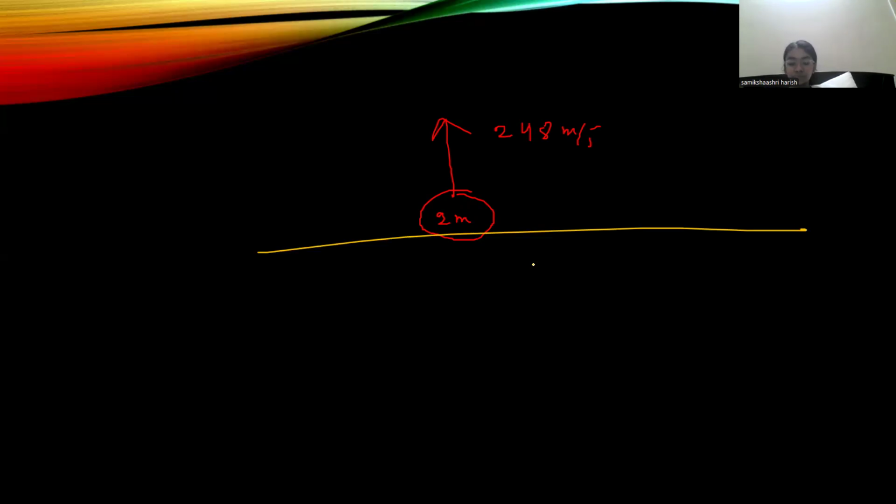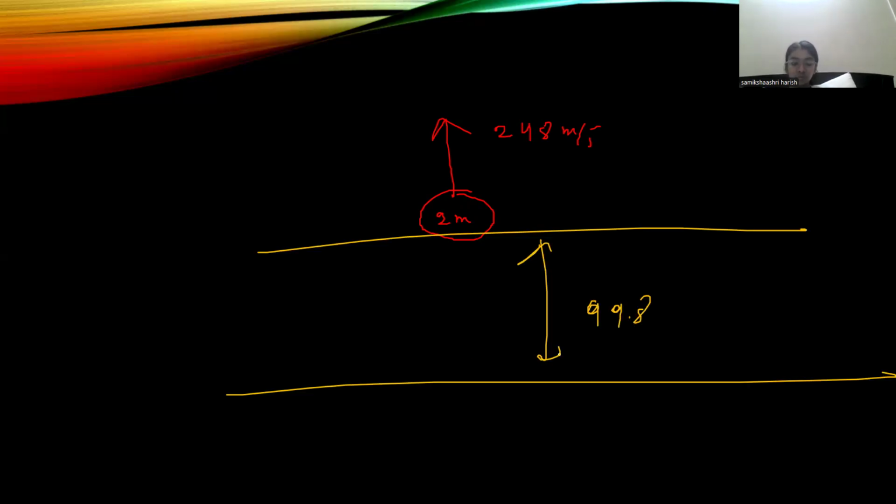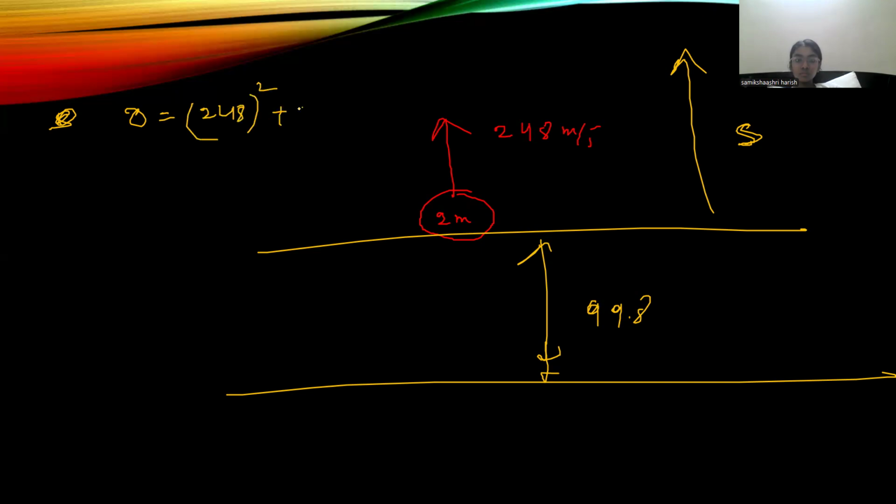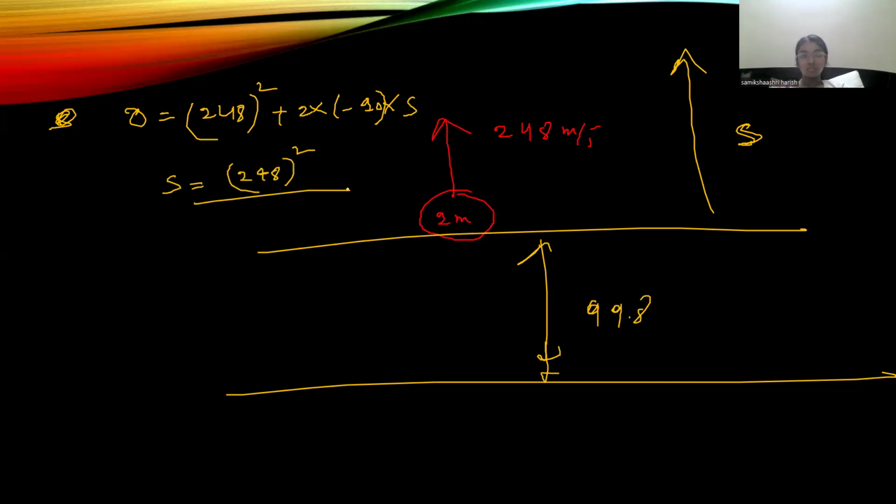We know this is 99 from the ground. How much does it travel? That is s. Final velocity becomes 0, so v square equals u square plus 2a into s. So s will be 248 square by 2 into 10.